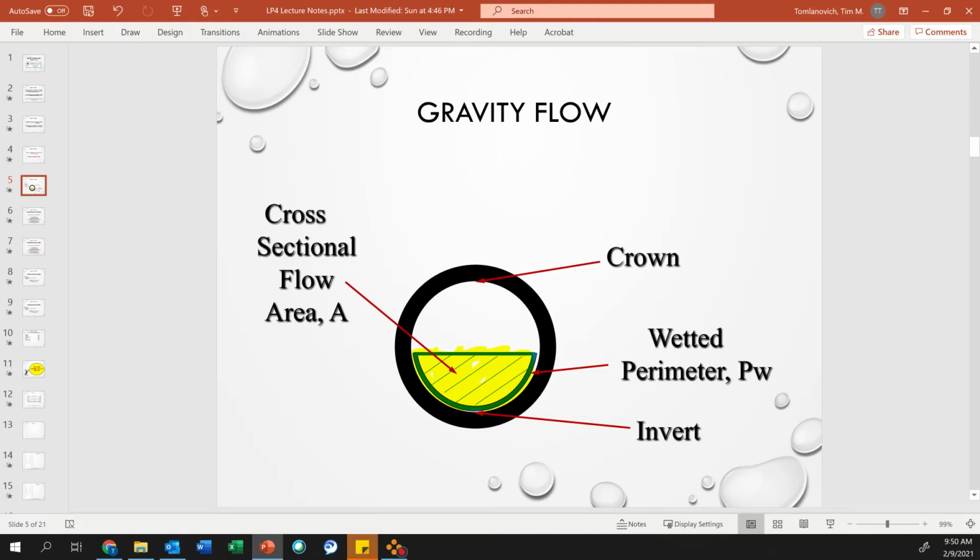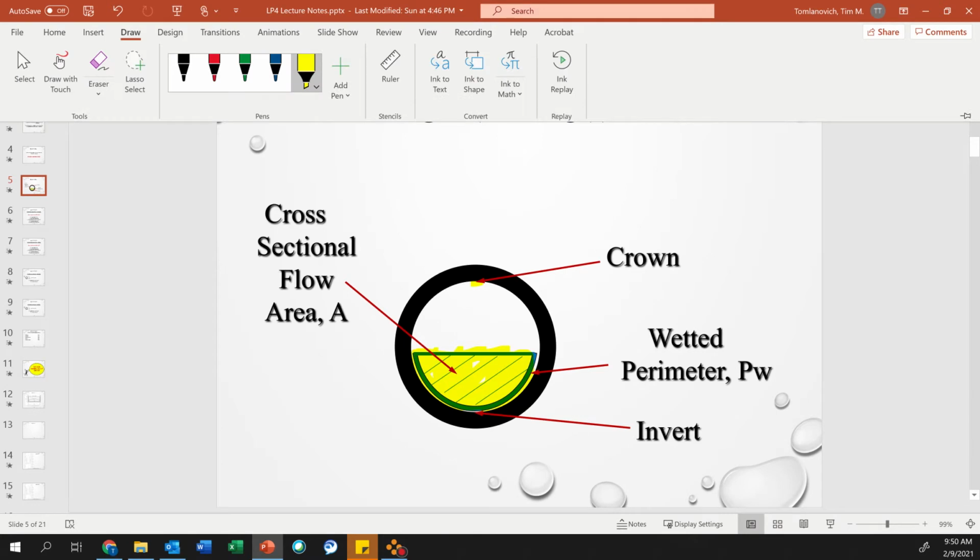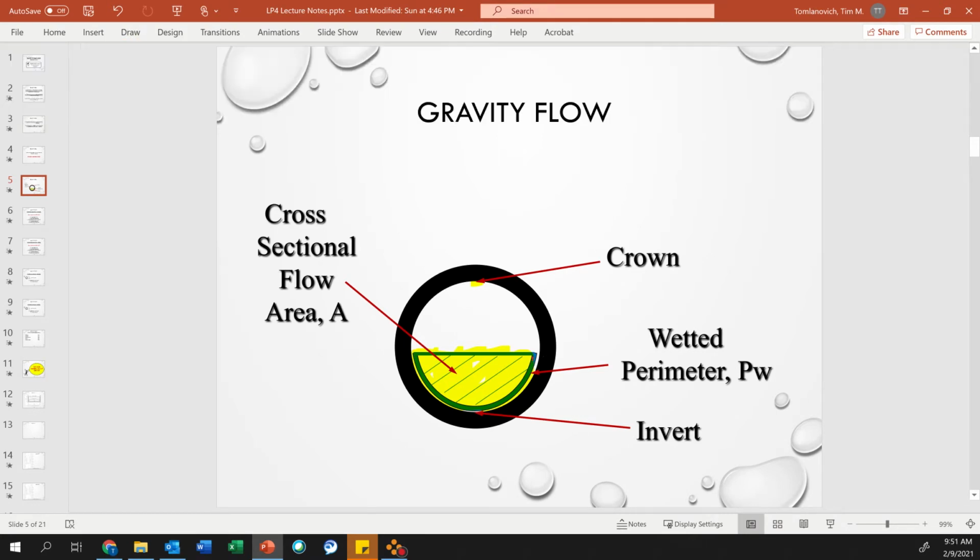The crown of my pipe is the underside of the top, the inside diameter of the pipe. The wetted perimeter, as you can see, is literally where the water only touches the walls of the inside of the pipe. That is my wetted perimeter, okay?